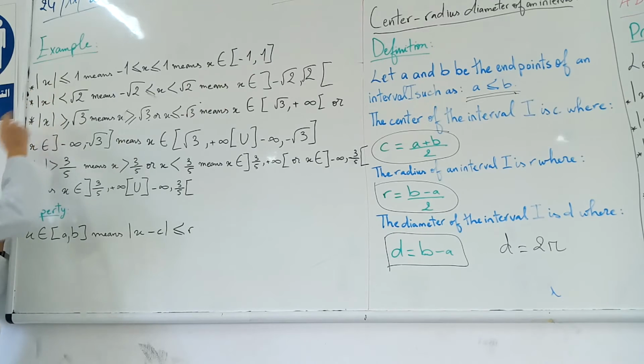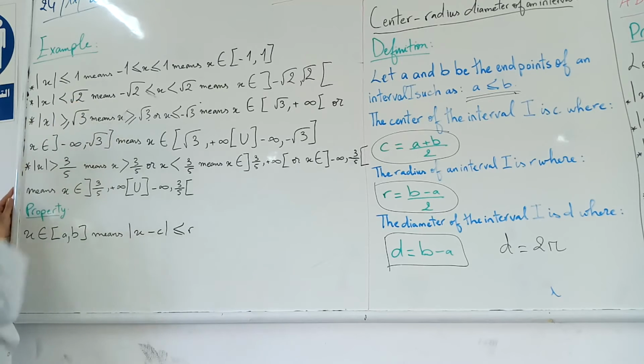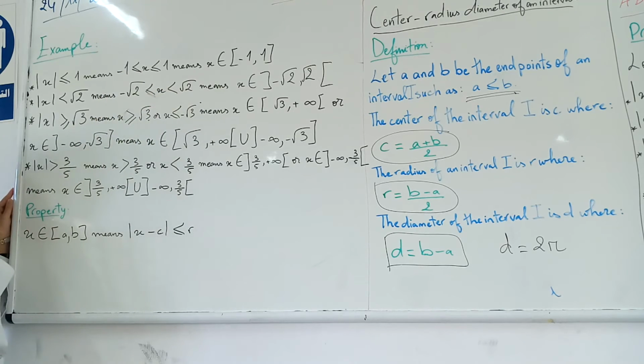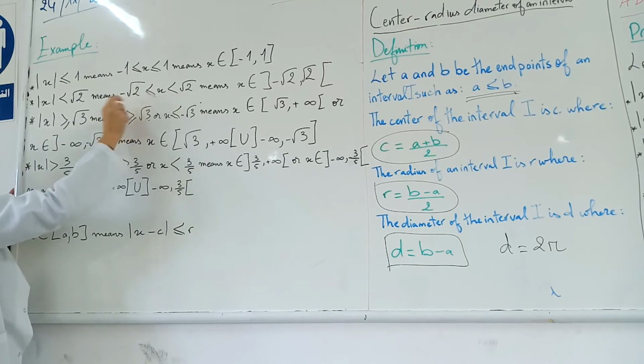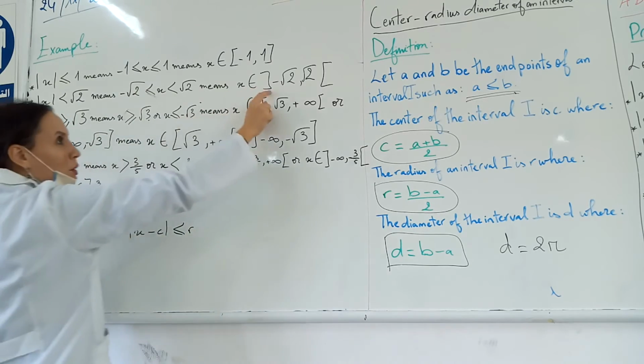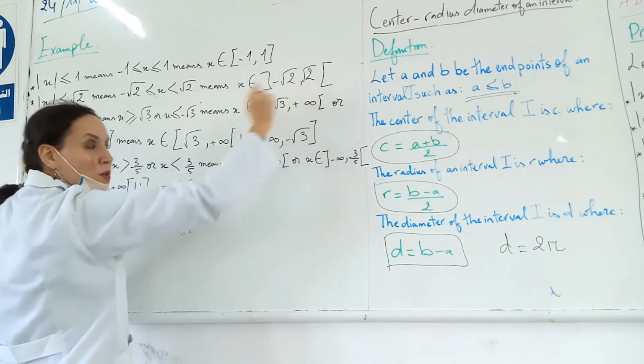Here you have absolute value of X strictly less than square root 2. It means X is between minus square root 2 and square root 2. Here we have strictly, so X belongs to the open interval minus square root 2, square root 2.